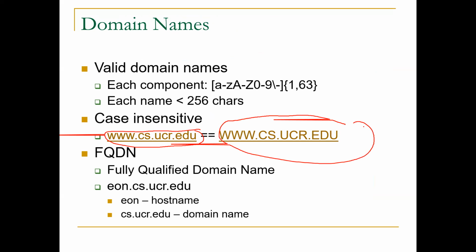This is your FQDN, fully qualified domain name. If I take eon.cs.ucr.edu, then eon is your host name and cs.ucr.edu is your domain name.